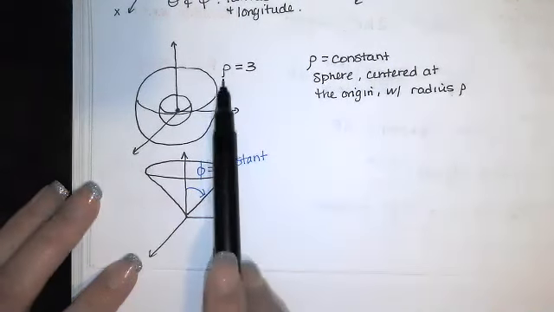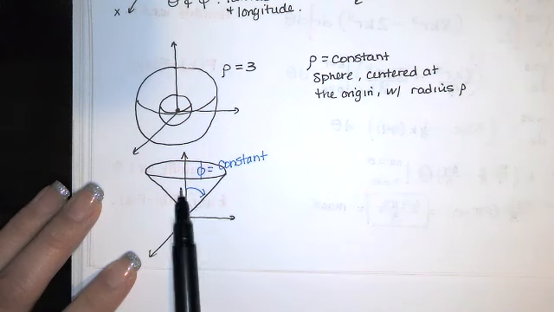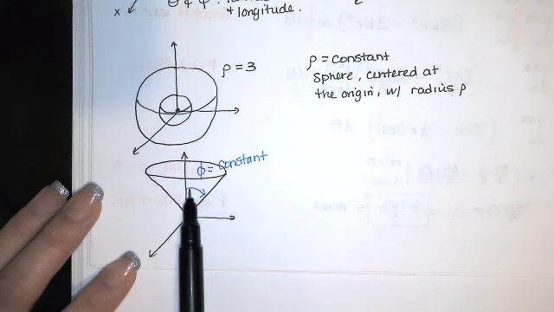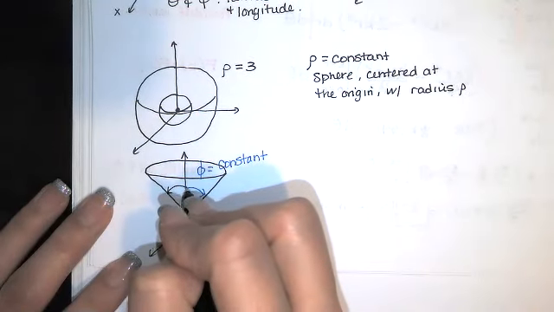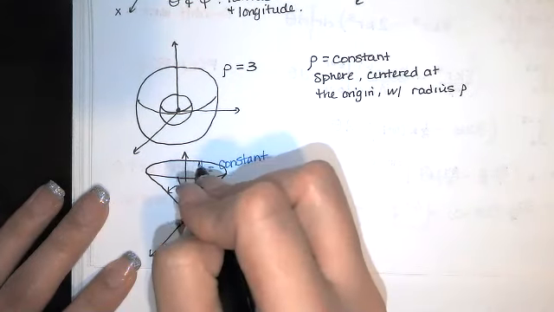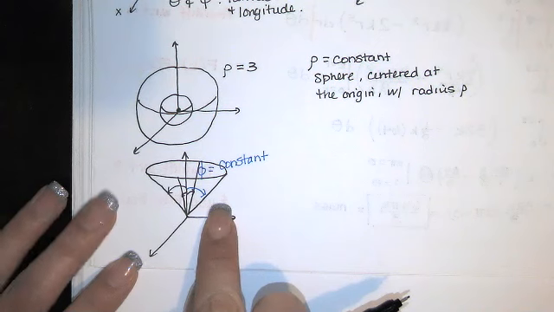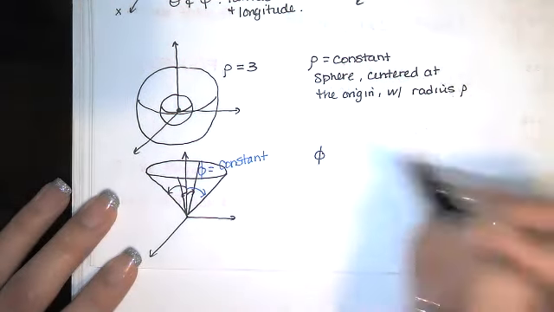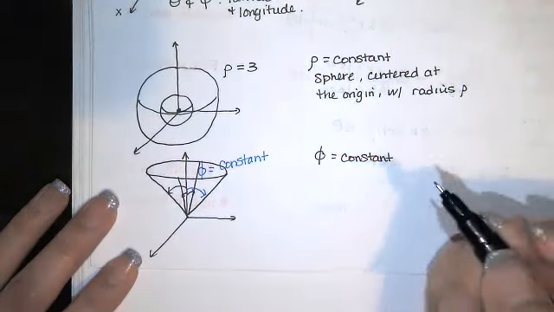And if rho and theta are free to be anything, if that angle with the positive z-axis is constant, let's say we're going 30 degrees this way, all the way around the z-axis, well, I'm also going 30 degrees that way and 30 degrees in the direction in front of us, and then 30 degrees behind us. It's the same 30 degrees all the way around. So this phi equals a constant is a cone.